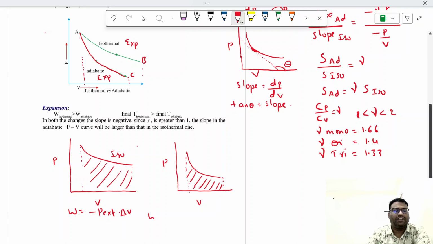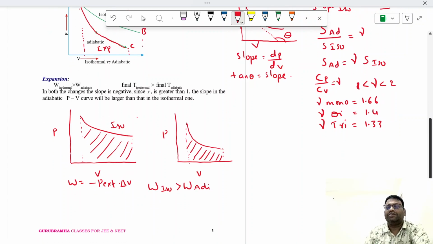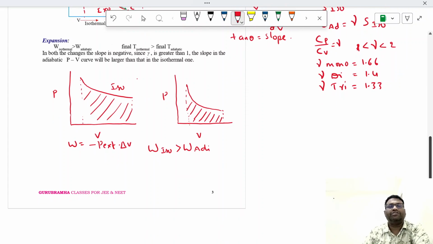So work done in isothermal process will be greater than work done in adiabatic process. That is what you are seeing here. If you compare those areas, the area under this graph is more, area under this graph is less. That's it.